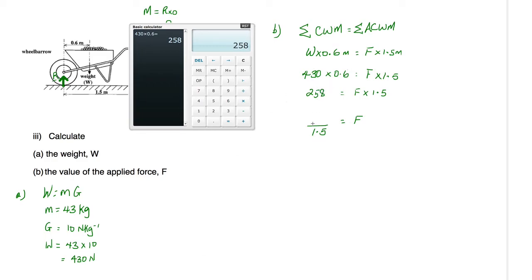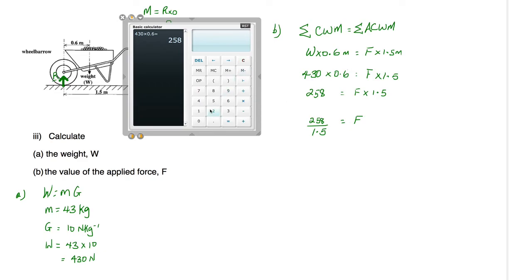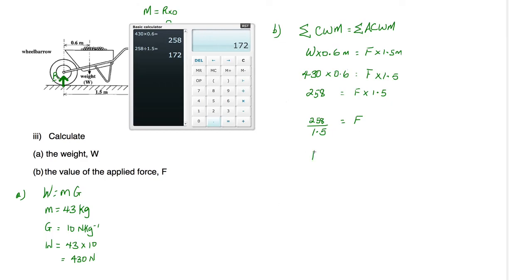Divided by 1.5. Okay, so F is equal to 172 newtons. So that's the value of the applied force.